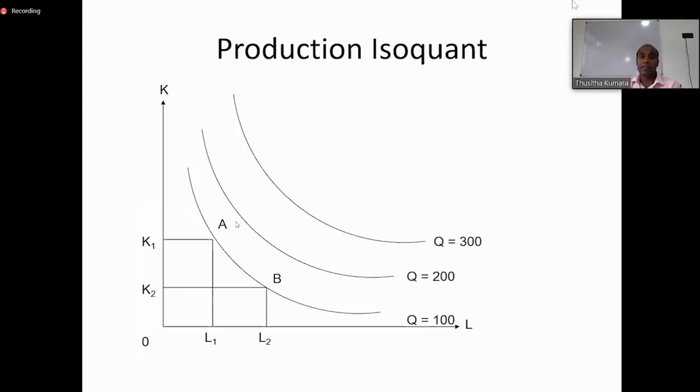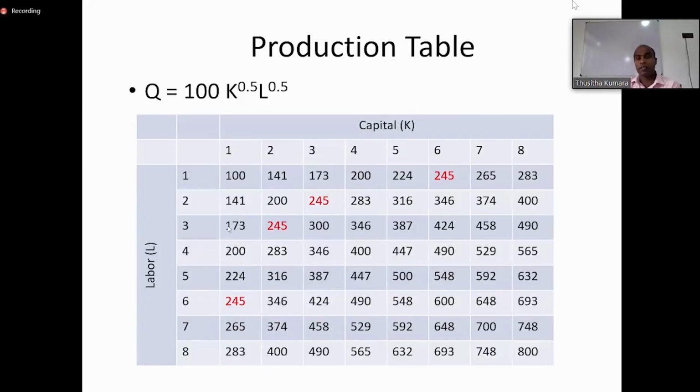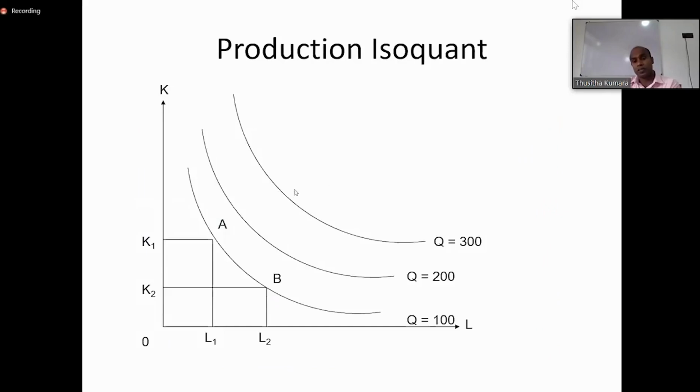It is given with the production isoquant, with this one. So this is the production isoquant. We are keeping the output fixed. This curve will have output equal to 100. So at any place, this will have 100.